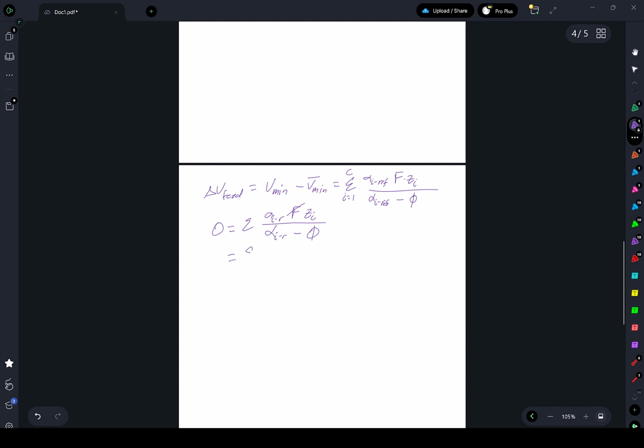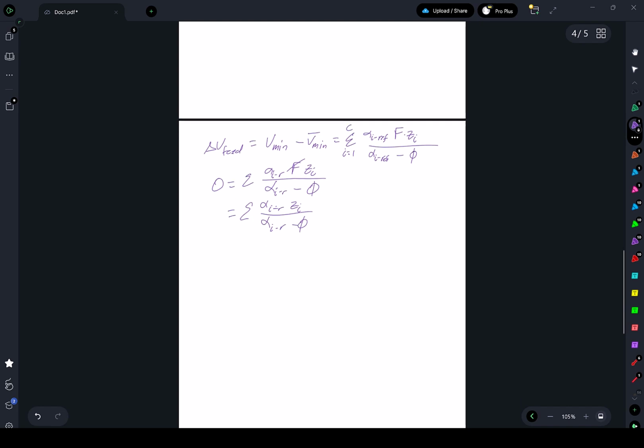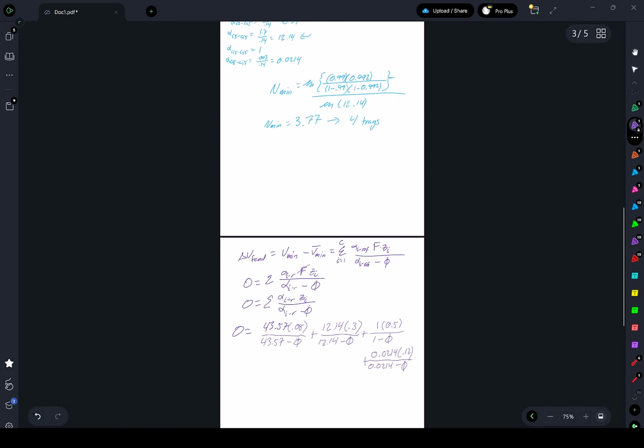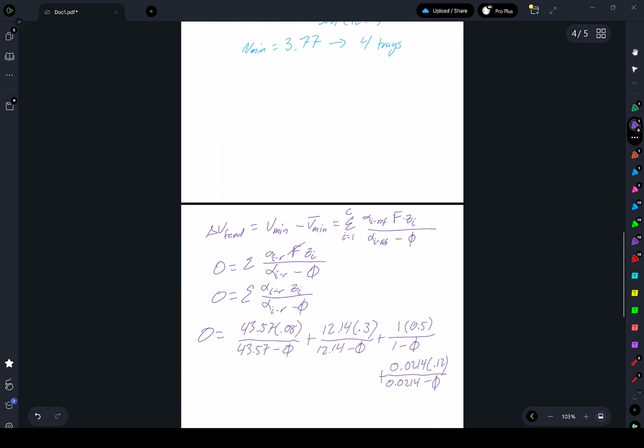So what we're essentially doing is a summation of 4 terms, alpha I with our reference, times the feed composition of each one, over alpha minus our phi. The whole point of this is to find our phi, and this is easy enough to do. We have all of these, so we'll just get that 0 equals this. We only have 4 components in our feed, so we have 4 terms.